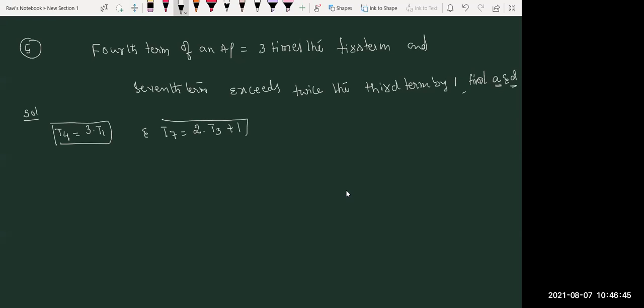Correct or not? The seventh term exceeds twice the third term by 1. Now find the value of A and D.